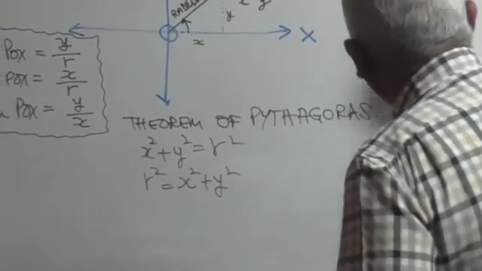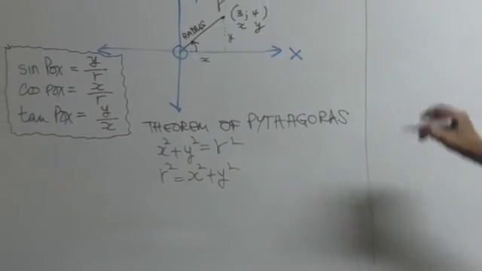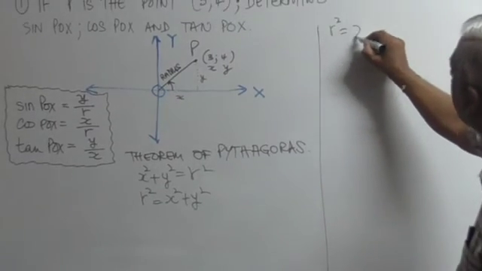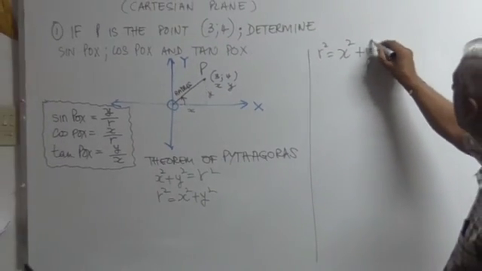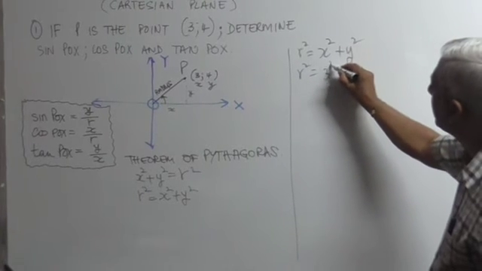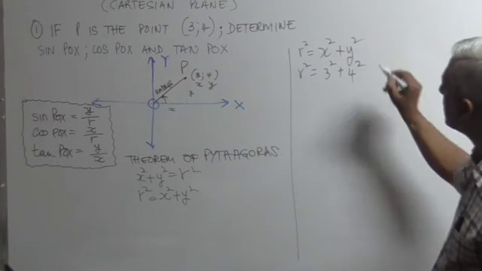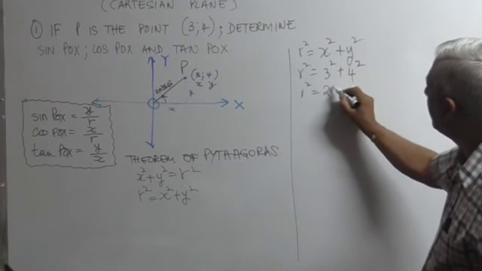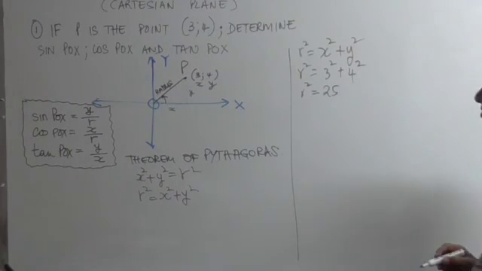We need to find r first. So we start with r squared is equal to x squared plus y squared. So r squared is equal to 3 squared plus 4 squared, which is 25. You put that in the calculator, you get 25.